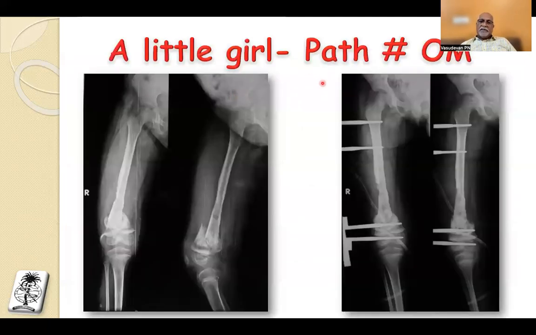So, for example, this little girl with a pathological fracture following an osteomyelitis. You can see the pathological fracture, which was managed by an external fixator like this, spanning the epiphysis. So see these two pins are perfectly parallel.